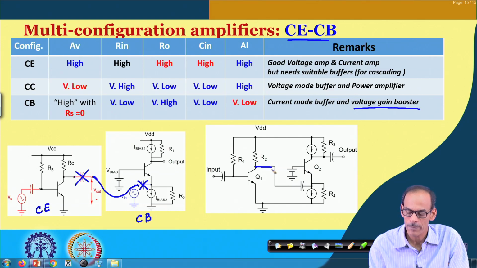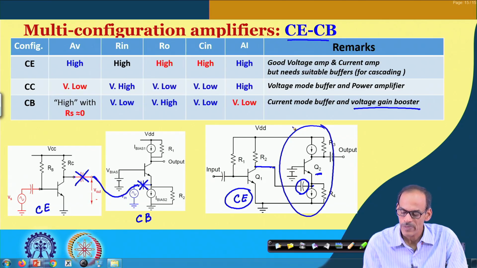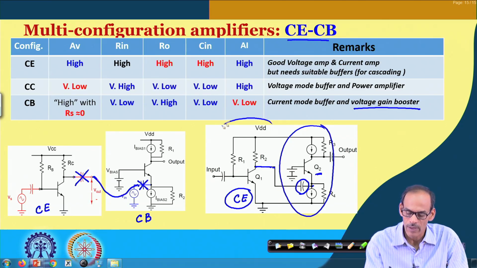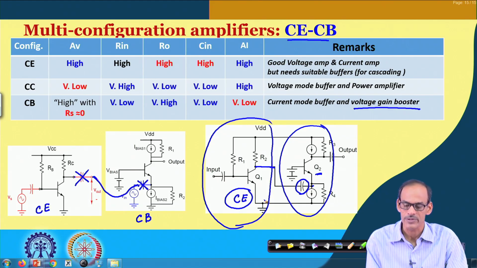So, the output of the CE stage, namely the collector of Q1, is connected to the emitter of Q2 through a DC blocking capacitor, so that the operating point of the second stage does not get affected by this circuit. Okay, that is the purpose.